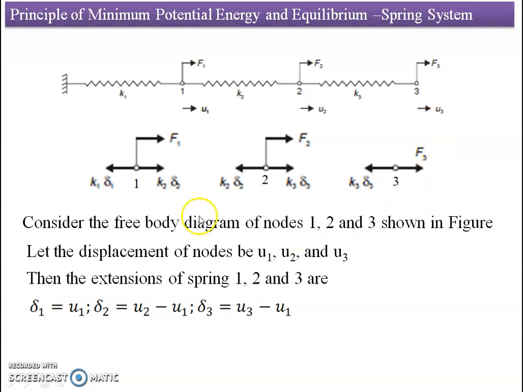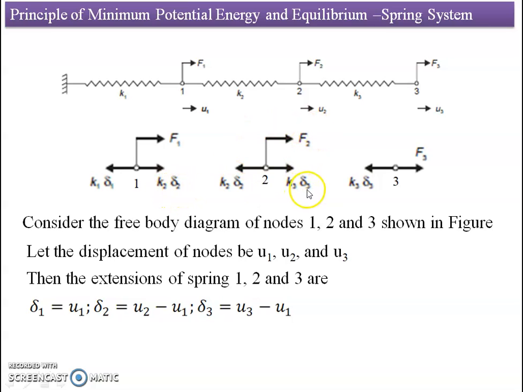Now let us go towards the equilibrium equation to know what type of forces are going to be attracted at that particular node. Here F1 is the force applied on the node, and K1 delta 1 is the force which is developed due to extension in spring 1 with spring constant K1. Similarly, we will have one more opposing reactive force developed in spring 2 with spring constant K2 into delta 2.